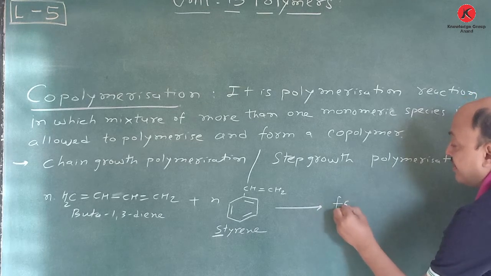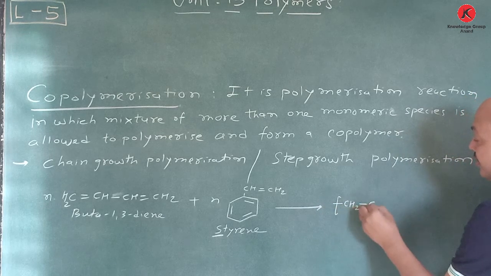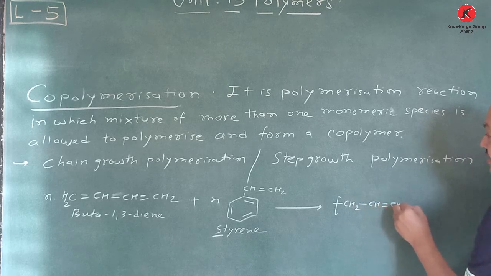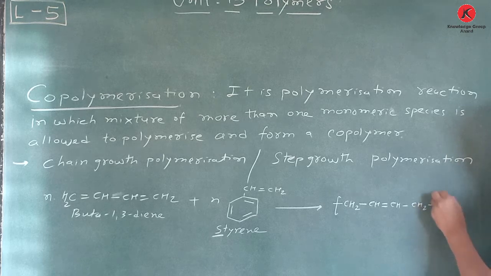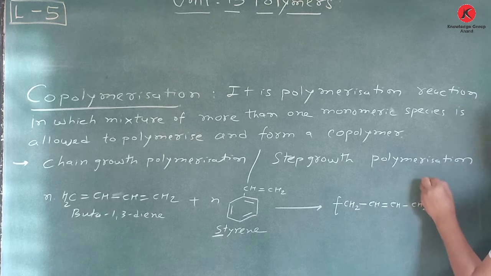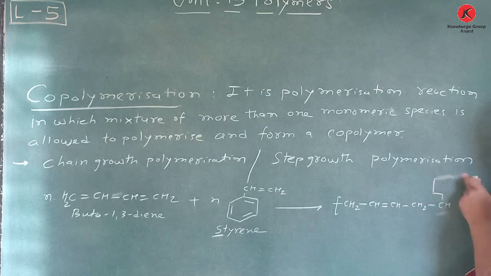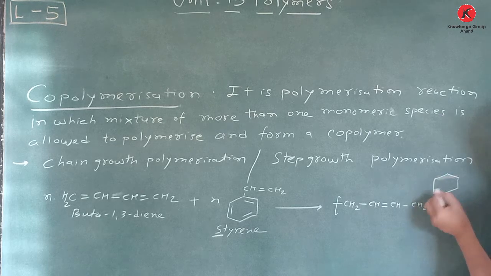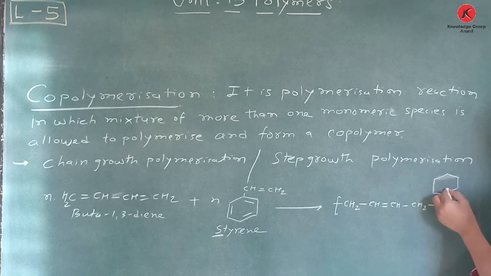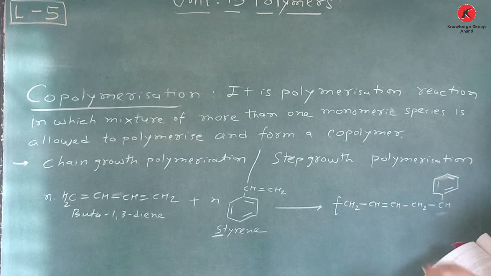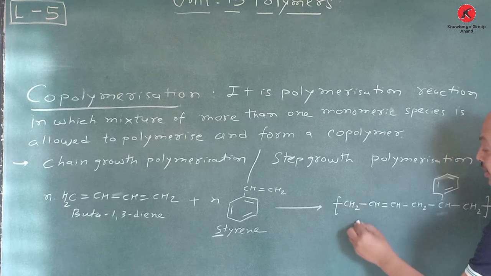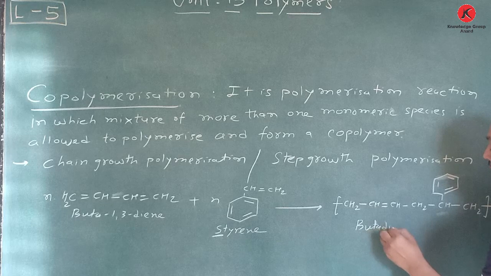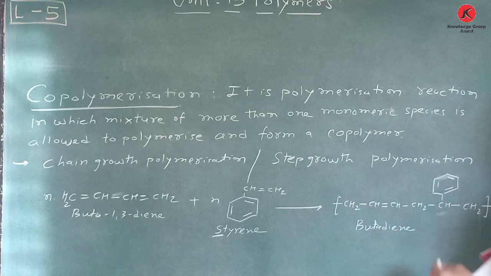So according to this, CH2, CH, double bond, CH, CH2, here single bond, here CH, and on the upper side one phenyl ring is there. Draw properly. And this phenyl ring, if you move it to this side or this side, no problem. And here CH2, and this is nothing but butadiene-styrene copolymer.